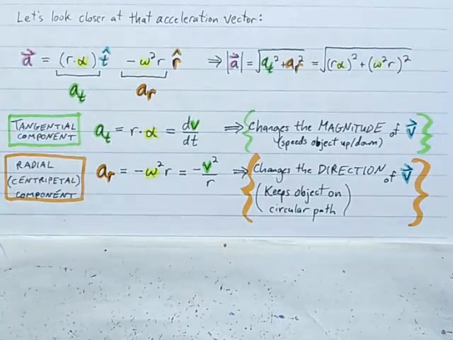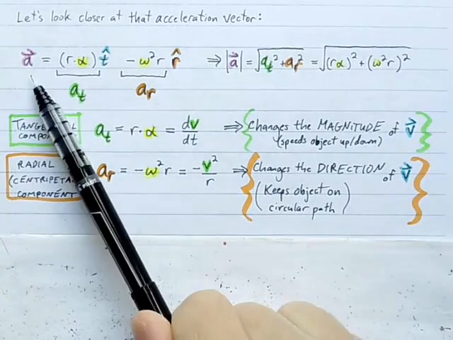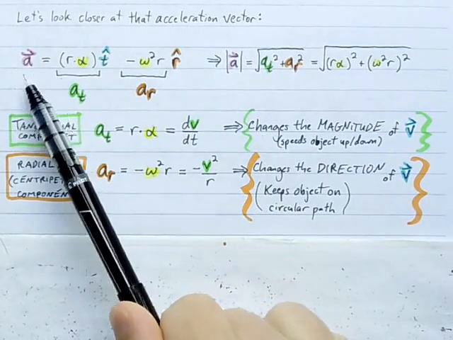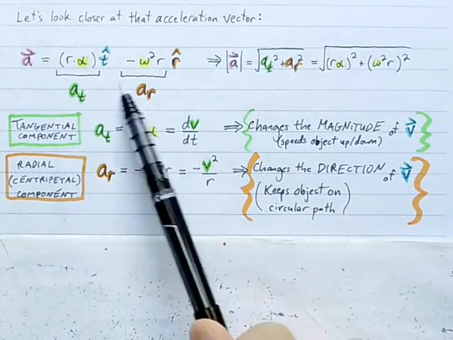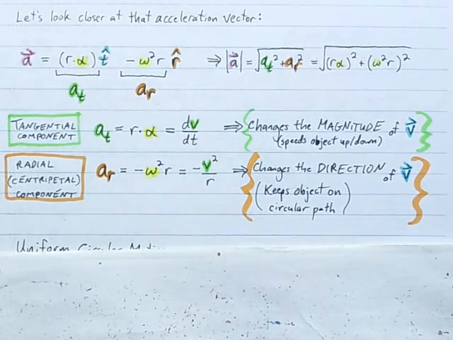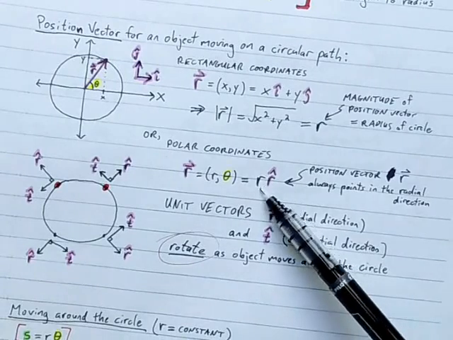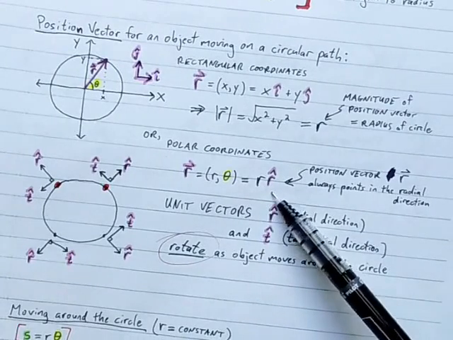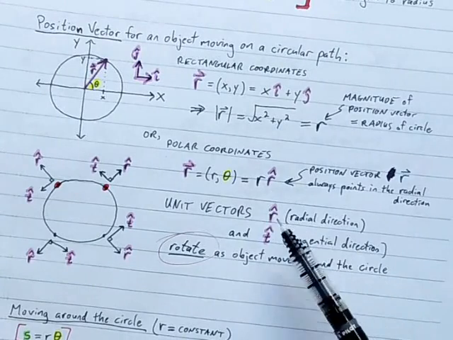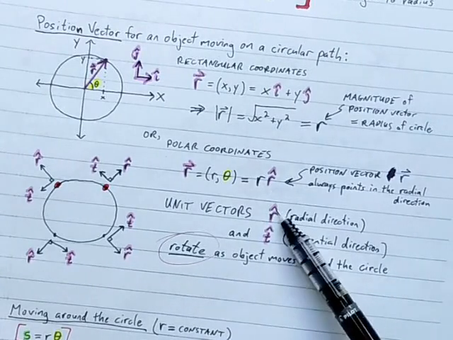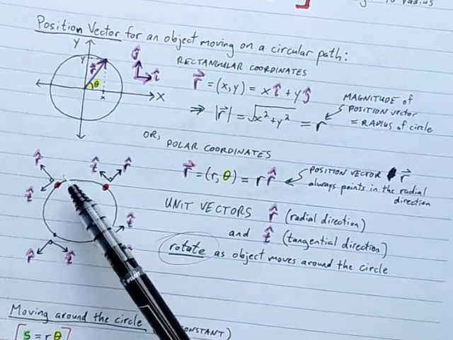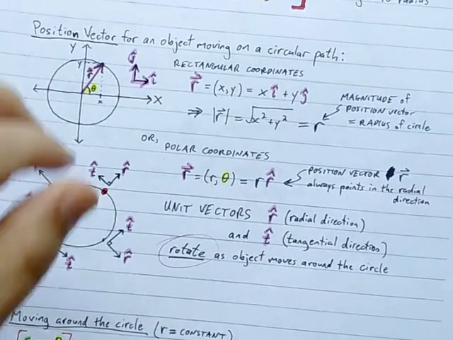Let's return to the acceleration vector for an object moving on a circular path. We arrived at this expression by starting with the position vector, taking the time derivative of our position vector twice, and paying careful attention to the rotation of the r hat and t hat unit vectors as we move around the circle.